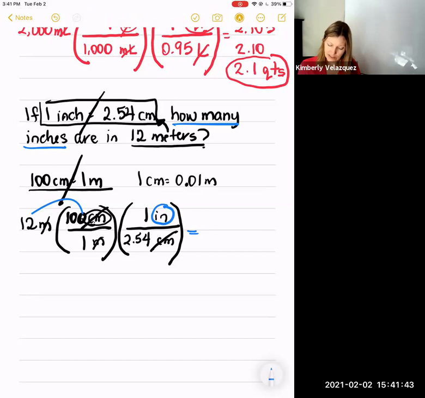So it's going to be 12 times 100 divided by 2.54. And I'm going to punch that in all at once. 12 times 100 divided by 2.54 equals 472.44, and my units are inches.